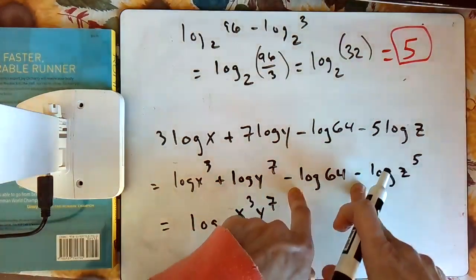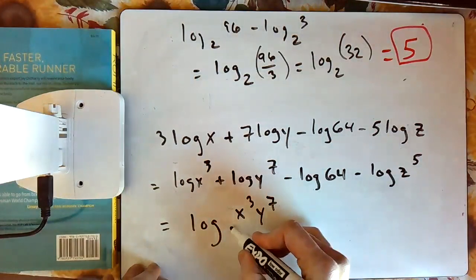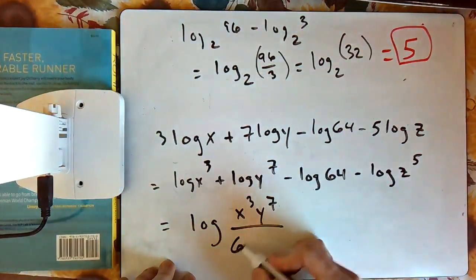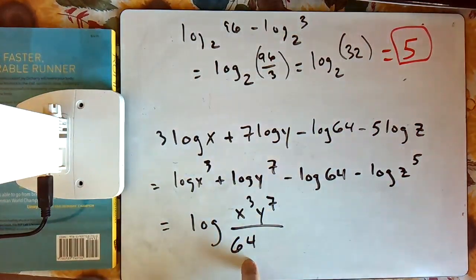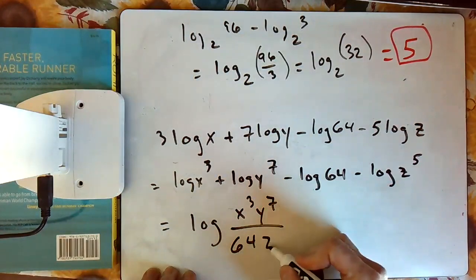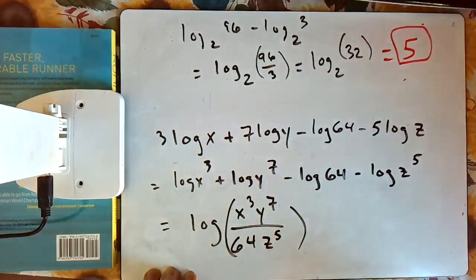And remember, the subtractions signify that we're dividing, right? That's the quotient rule. So we're going to have divided by, since this had a minus sign, that 64 is going to go in your denominator. Since this had a minus sign, that z to the 5th will also go in your denominator. And then make sure you put the parentheses, right?